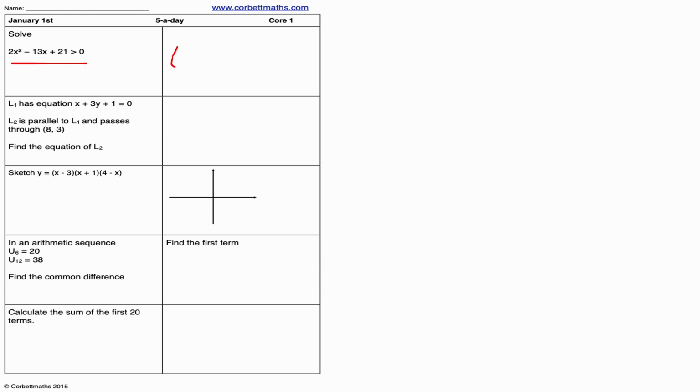So I'm going to try and factorize this into 2 brackets, and then I'm going to put the greater than 0.